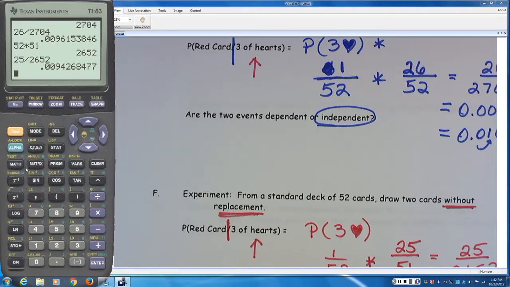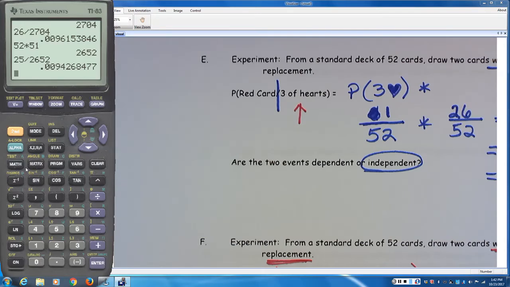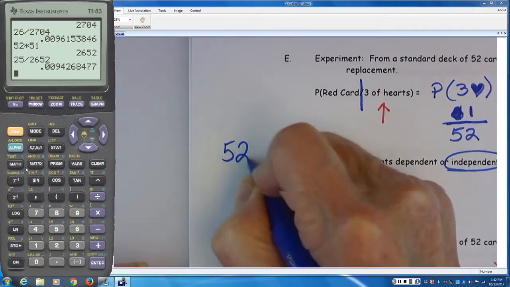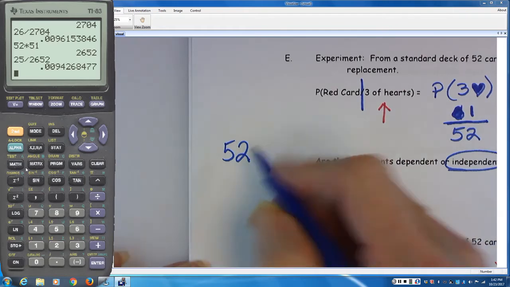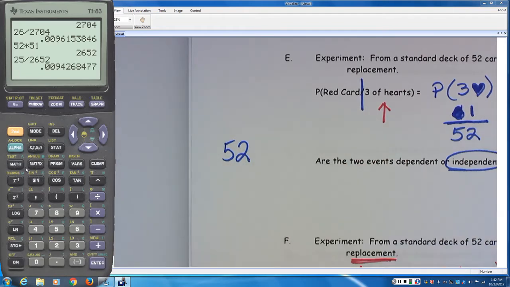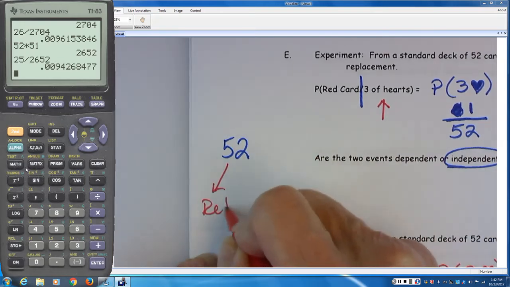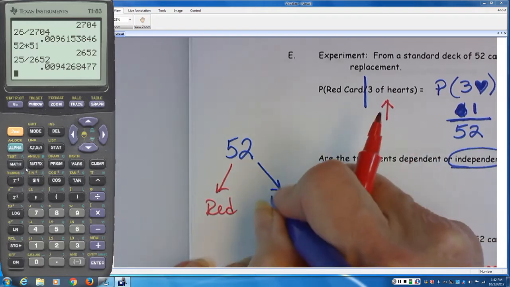Okay, in cards, let's have a little cards list, because a lot of people don't know. If you don't play cards, then you probably don't know. So in a standard deck of cards, if you're talking about 52 cards, that means there's no jokers in the deck. There's usually 2 jokers. But if you have 52 cards, half those cards are red, and the other half are black.